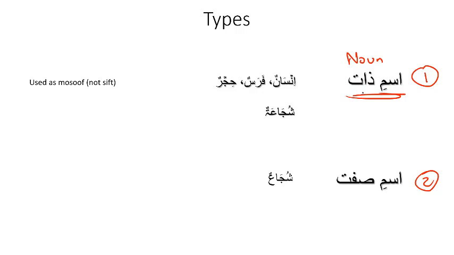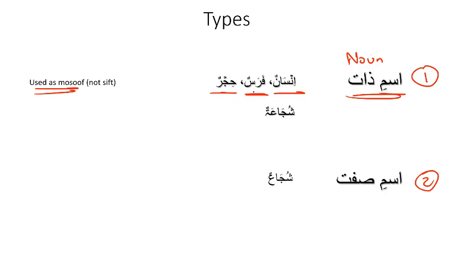When we talk about a noun in English, it is the name of an animal or place or thing or concept. So for example, insanun, farasun, which means horse, hijrun, which means stone. These are very simple nouns, and these are nouns that would be used as mawsuf. Mawsuf is something that is described.